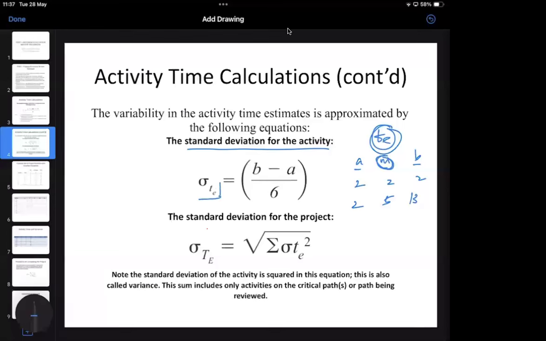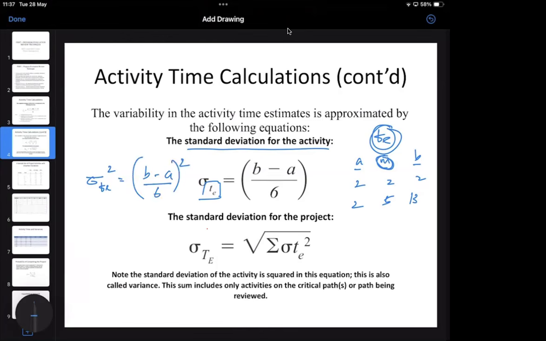Then the standard deviation of an activity equals B minus A divided by 6. If you want to find out the variation of an activity, what I have to do is B minus A divided by 6, then get the square value.